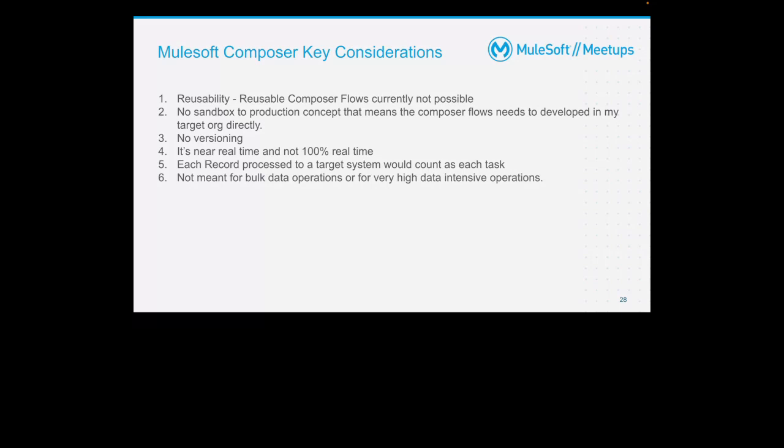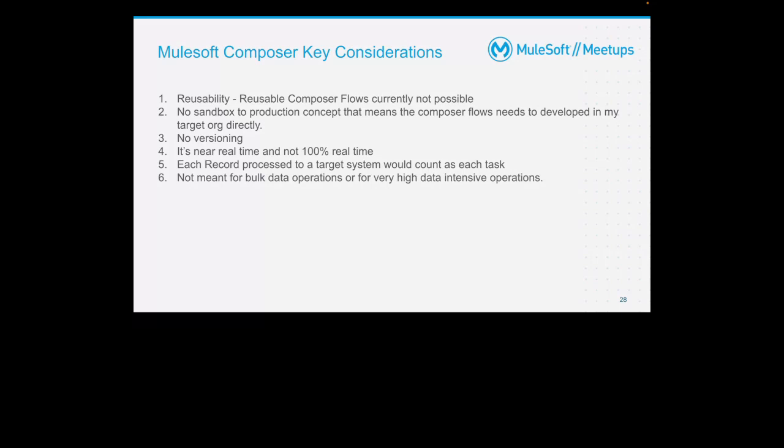The fifth point is each record processed to a target system would count as a task. MuleSoft currently provides packages. One is a purely standalone MuleSoft Composer package. Another one is a MuleSoft automation package.